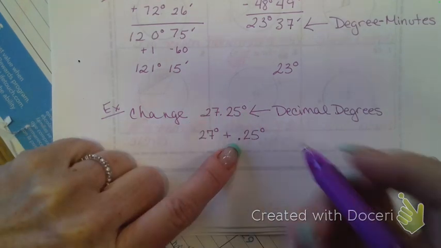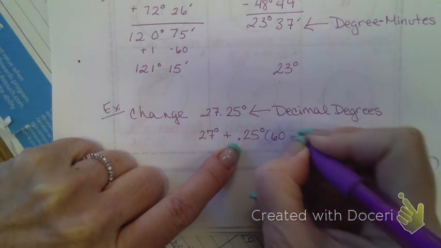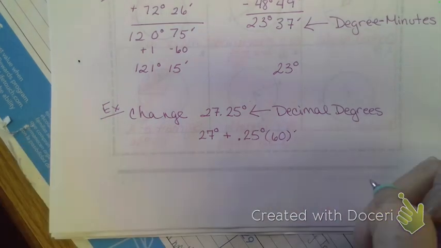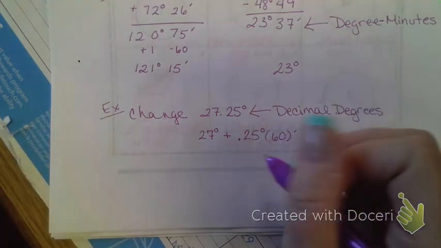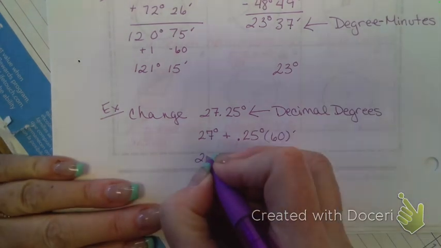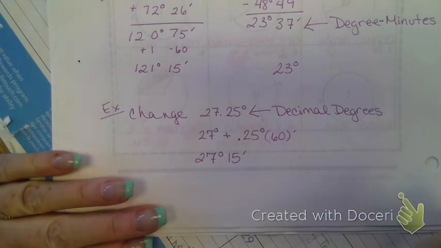So I'm going to take 0.25 times 60. Well, a fourth of 60 is 15. So it's 27 degrees, 15 minutes.